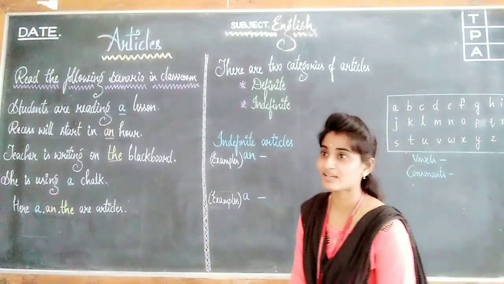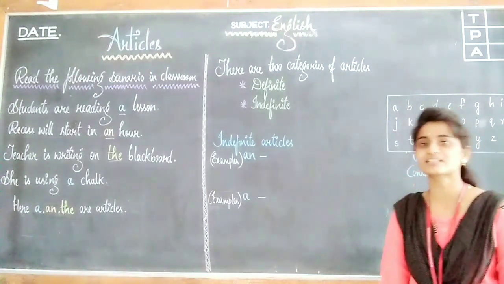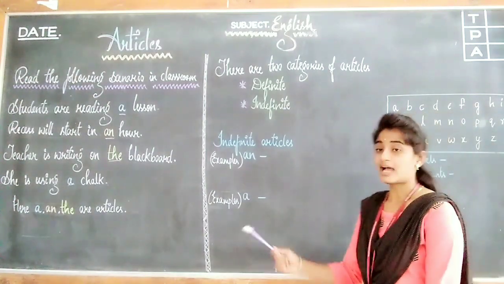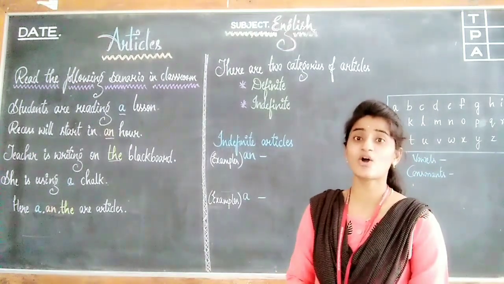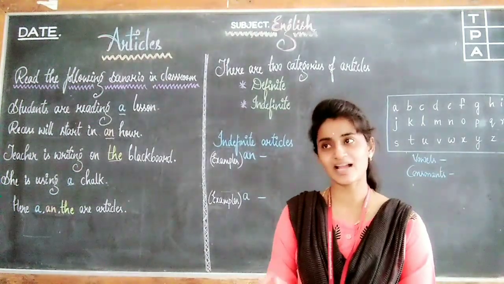I'll give a statement. Based on that you have to tell me which is the definite article and which is the indefinite article. The article which is used to point to a particular person, object or thing is called a definite article.